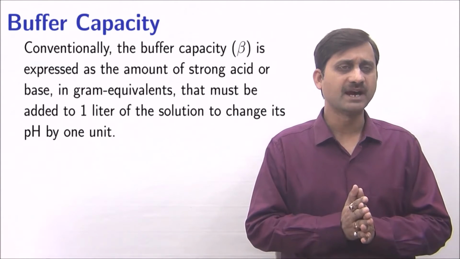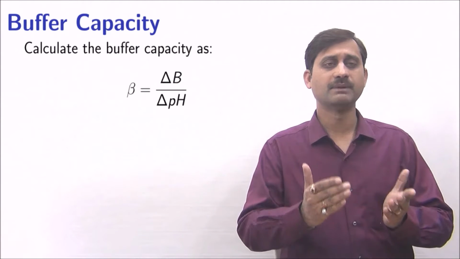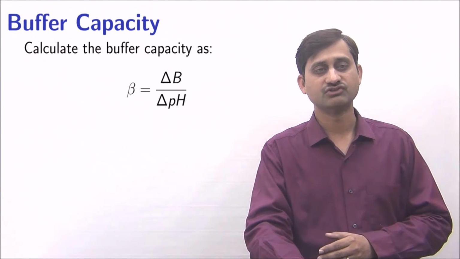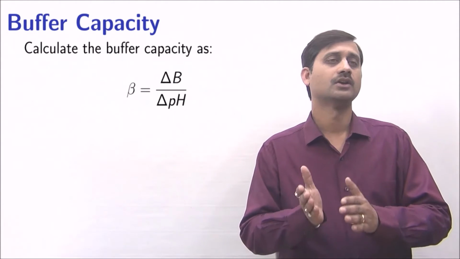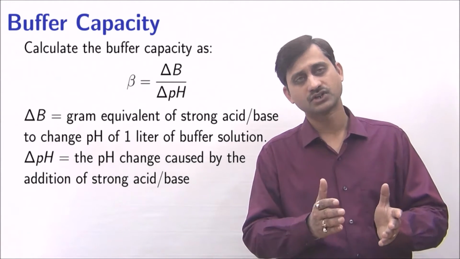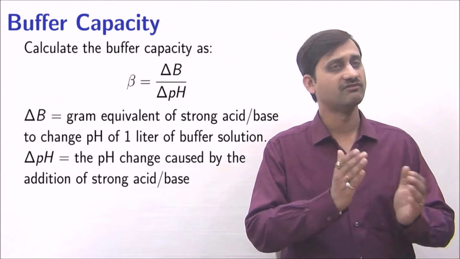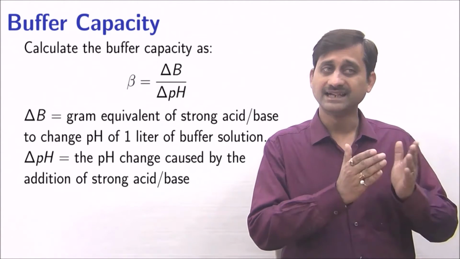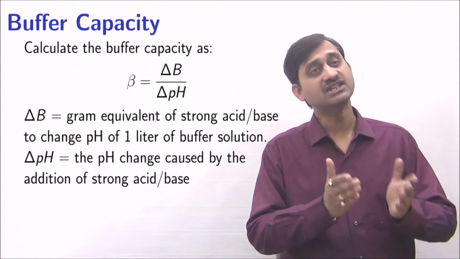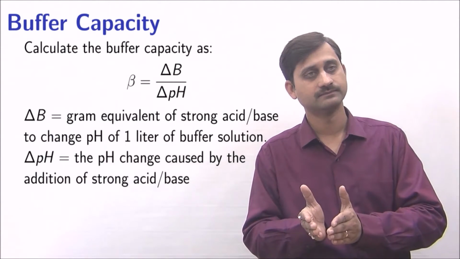We calculate the buffer capacity as beta is equal to delta B divided by delta pH, where delta B is equal to the gram equivalent of strong acid or base to change the pH of 1 liter of buffer solution, and delta pH is the pH change caused by the addition of strong acid or base.